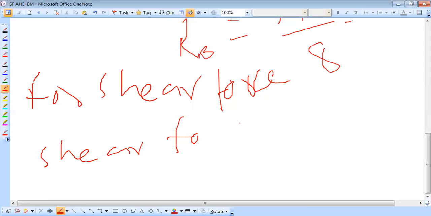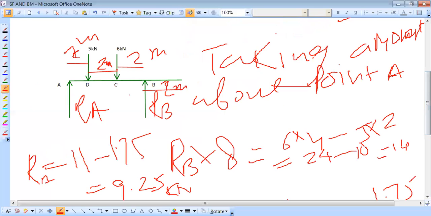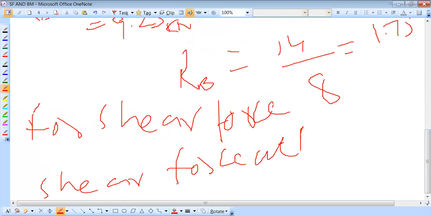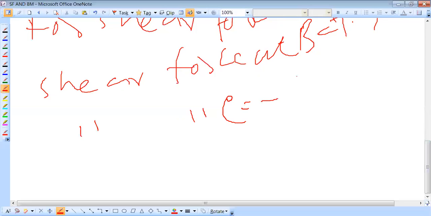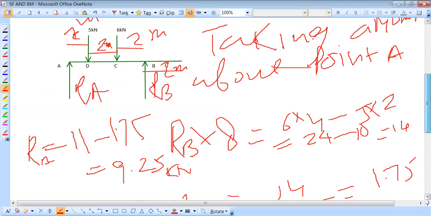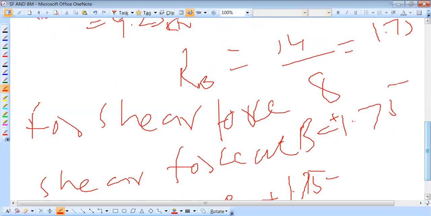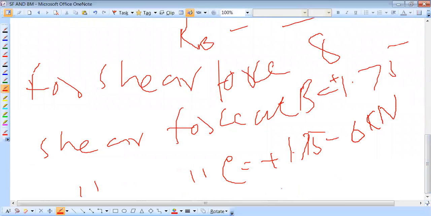Shear force at B, C, D, and A. Shear force at B is equal to the value of RB, which is plus 1.75 because it is an upward supporting force. Similarly at C, plus 1.75, and then minus 6 because of the downward force, which is 6.